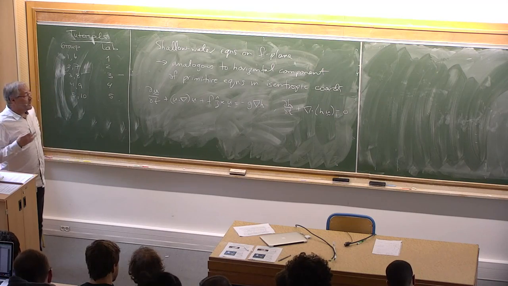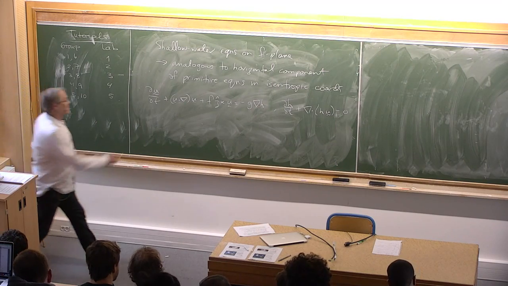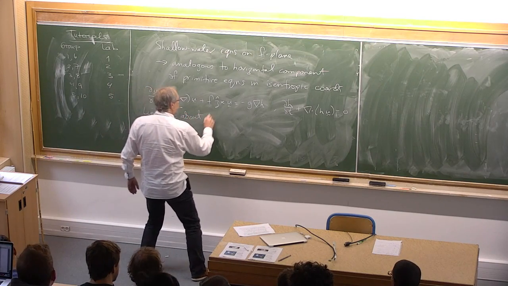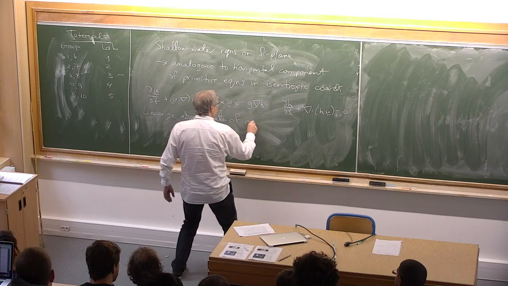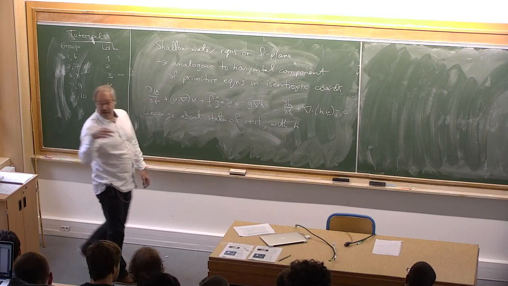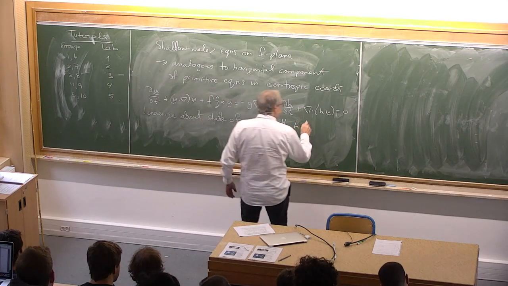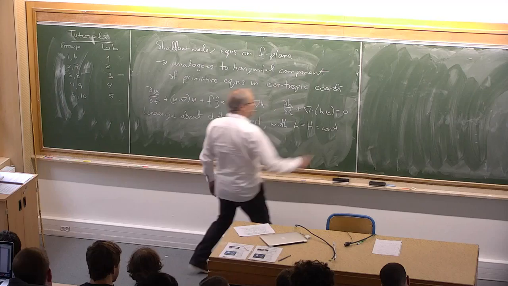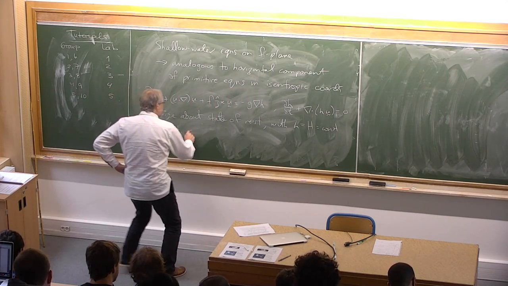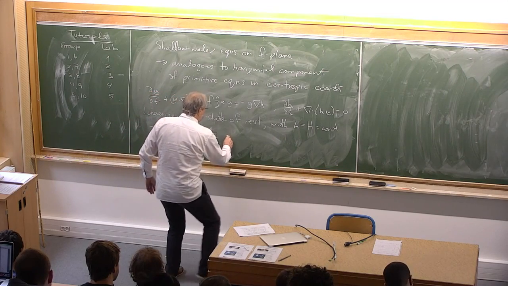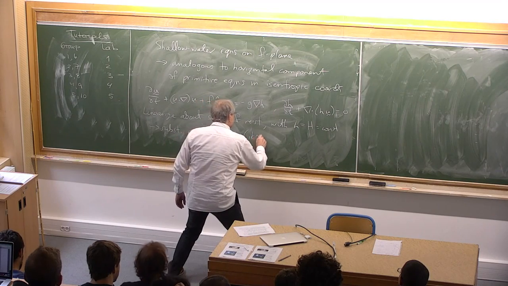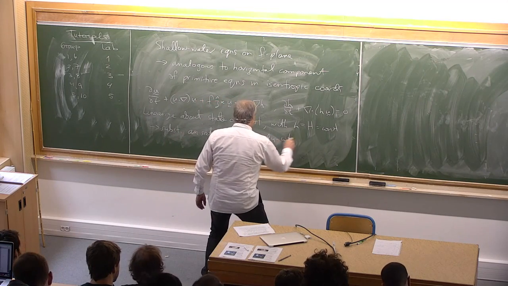So the first thing that you do, we talk about fast and slow. What do we mean by that? Well, if you linearize about a state of rest, with h being a constant, which would be your mean depth. Of course everything here is a function of x, y, and t, but we take h to be constant, and you substitute the ansatz that everything varies like the exponential of i(kx + ly - omega t).